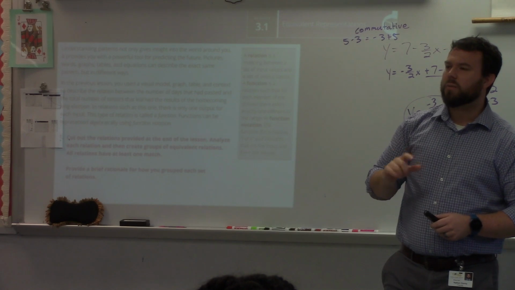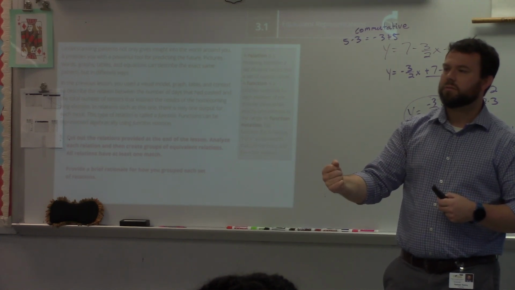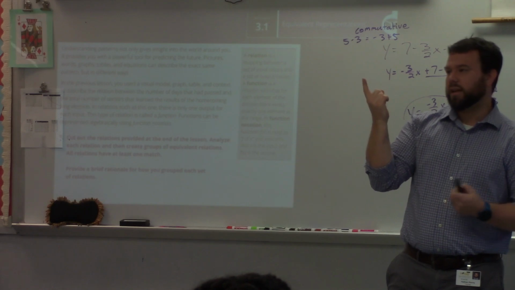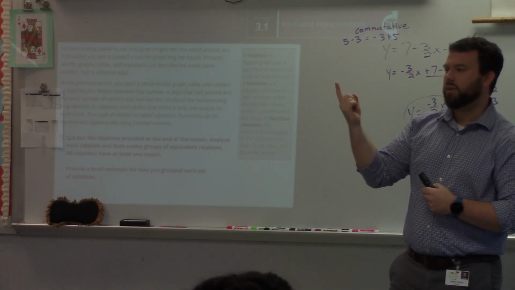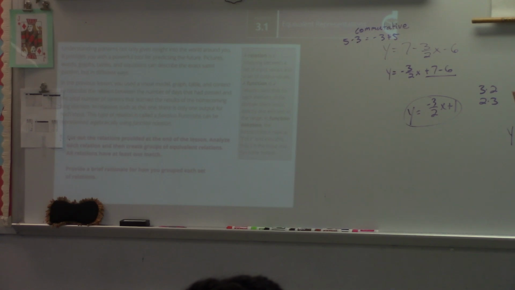A table? Can that show inputs and outputs? Okay, what else can show mapping of inputs to outputs? A graph. Anything else? Algebra, right? Equations, inequalities, expressions. Anything else?